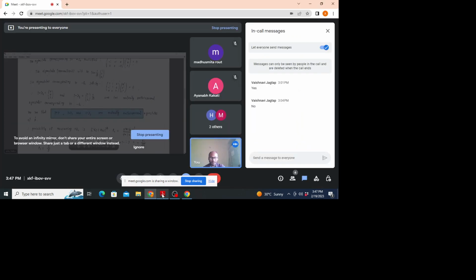Now the probability. So how to find the probability? The probability of measuring plus E naught. So the measurement problem: in quantum mechanics, what does it mean to measure?